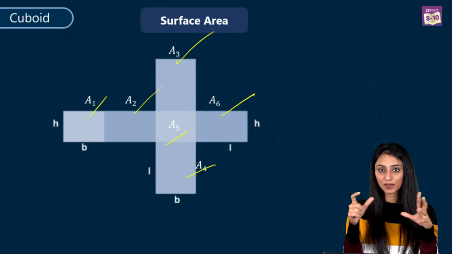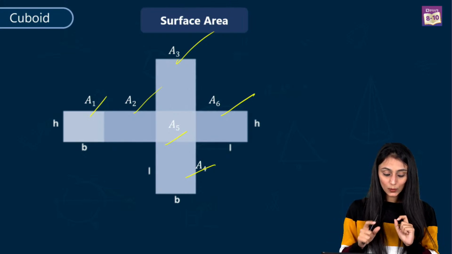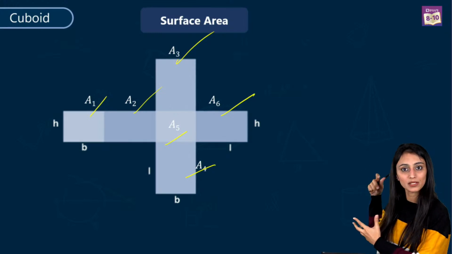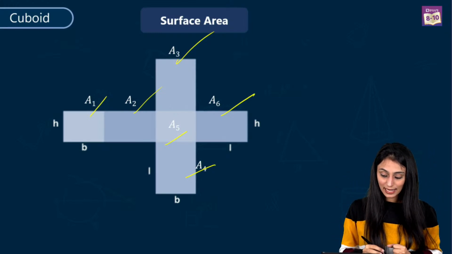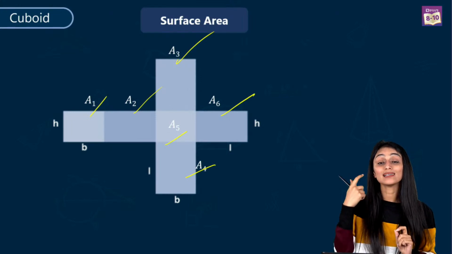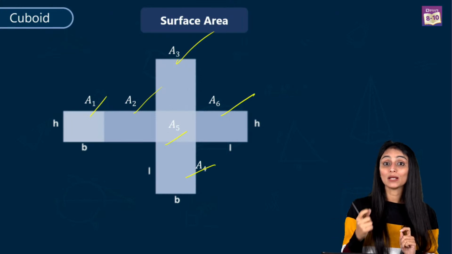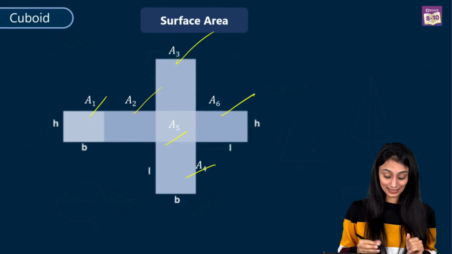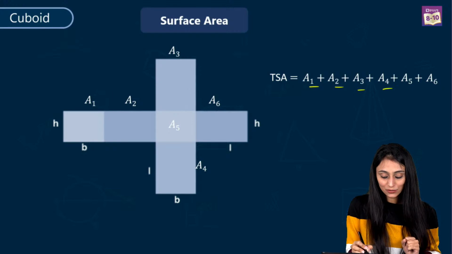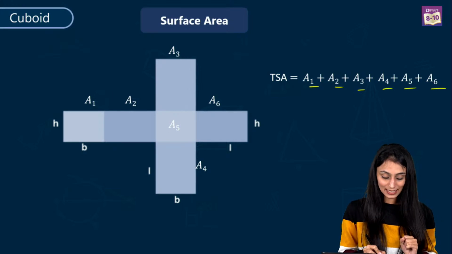You can see the measurements are also marked here, and different shades of blue, some very light, some a little darker. When you talk about the total surface area, we are considering all 6 surfaces. So I'll take the areas of all the 6 rectangles. The total surface area is going to be A1 plus A2 plus A3 plus A4 plus A5 plus A6.